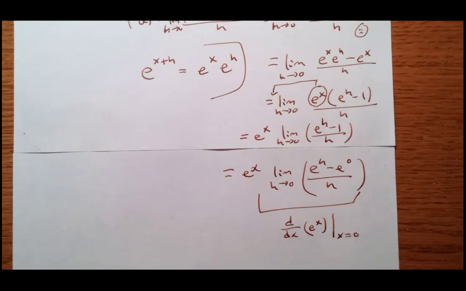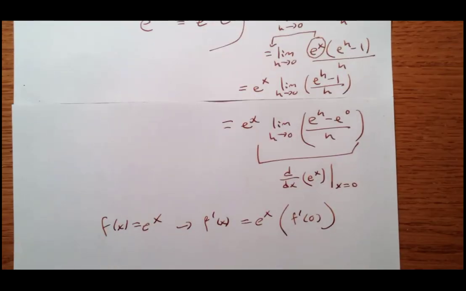Wait a minute. That means when f of x is e to the x, f prime of x is e to the x times f prime of 0. We actually pick e to be the number that just so happens to work just right for e. This is equal to 1.